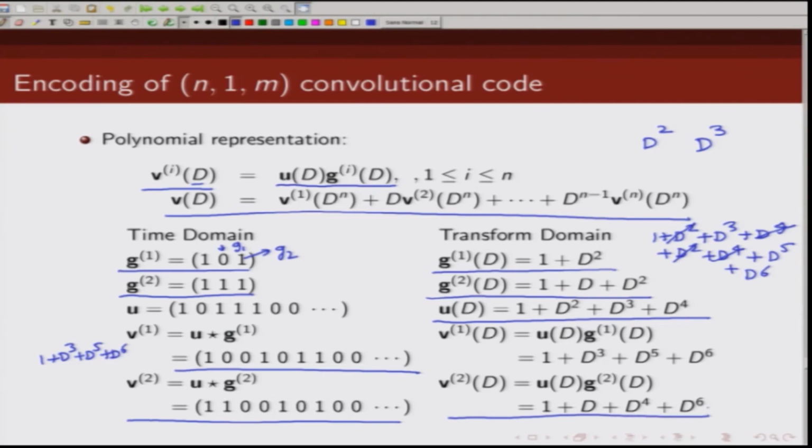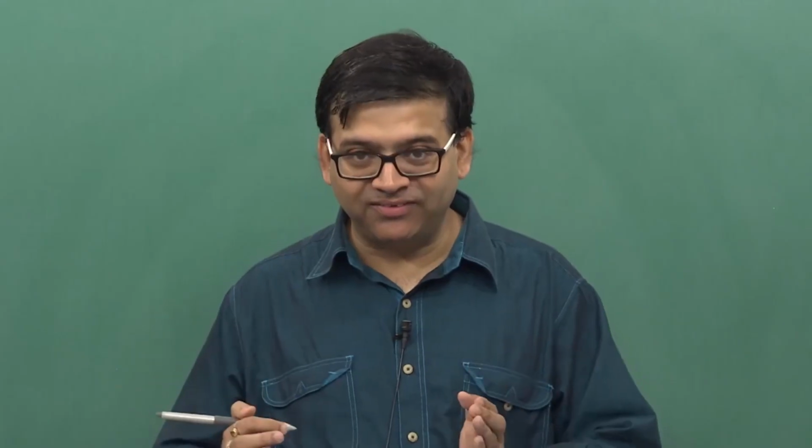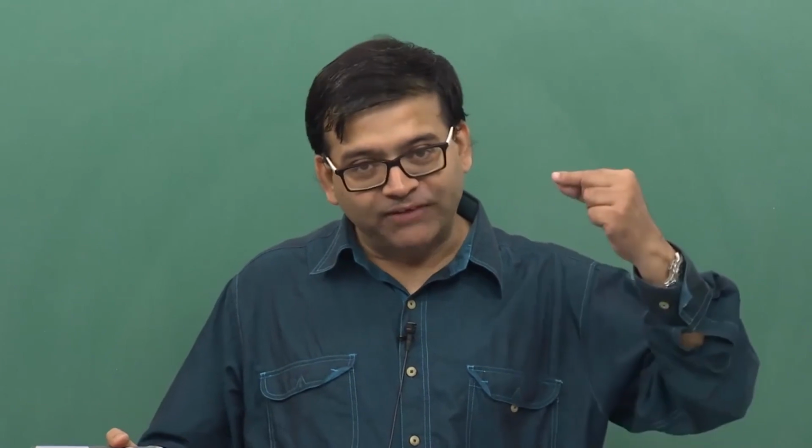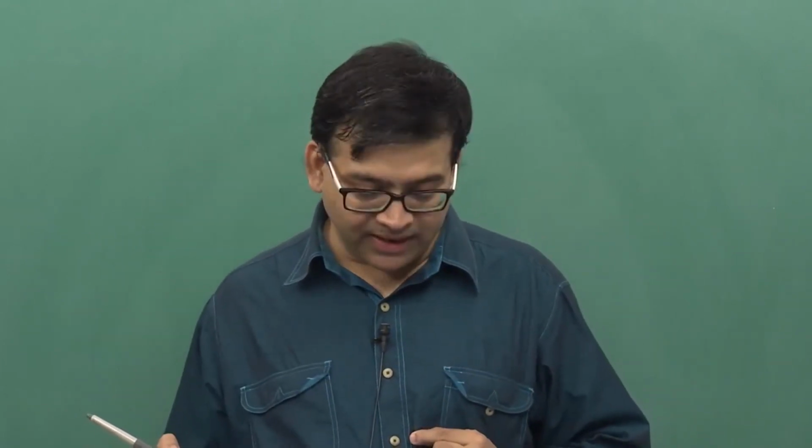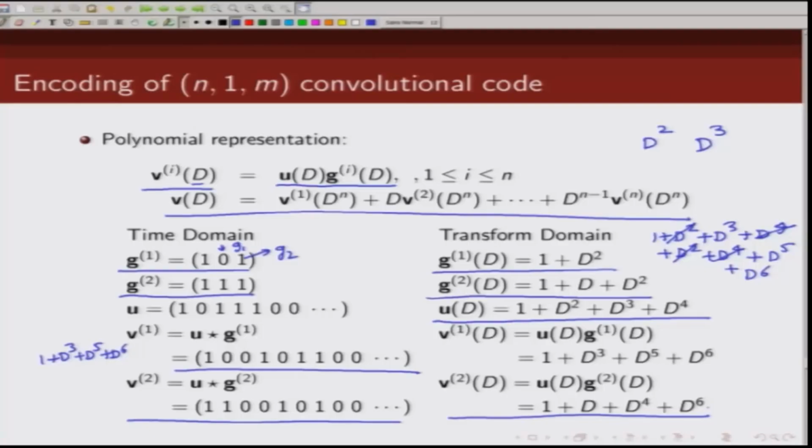Now once you have these individual sequences, how do you write the overall output sequence? So note that for one input sequence you are getting n outputs. So this is taken care of by this. VID is going to give me the output sequence corresponding to each of these n outputs.